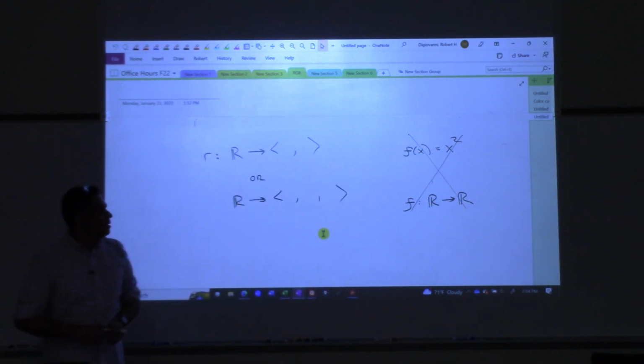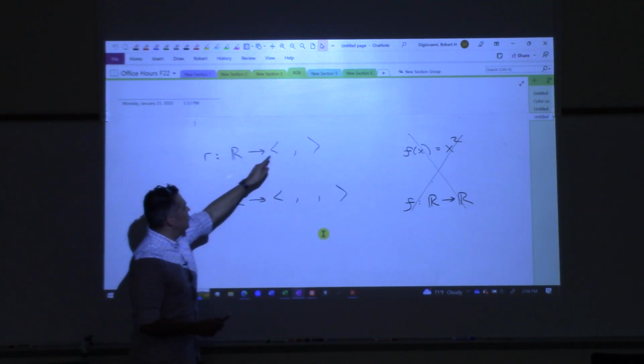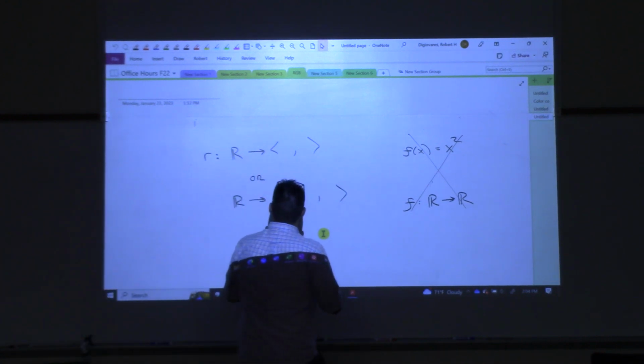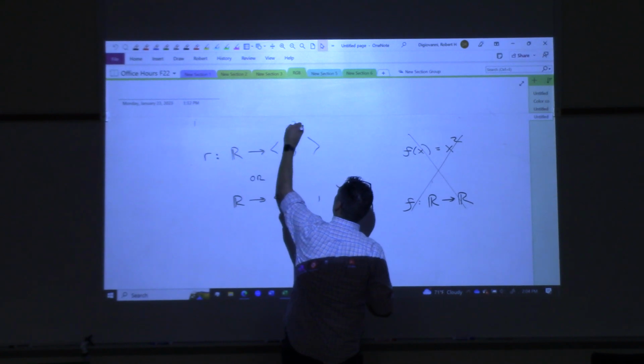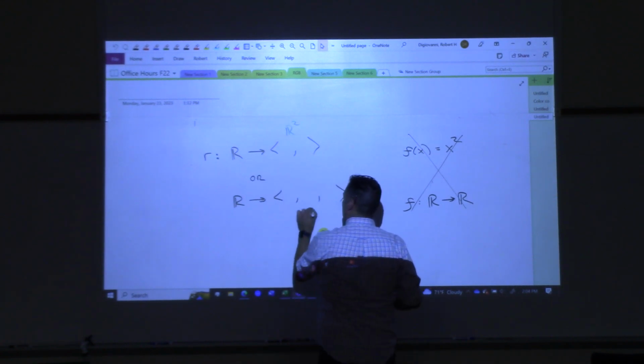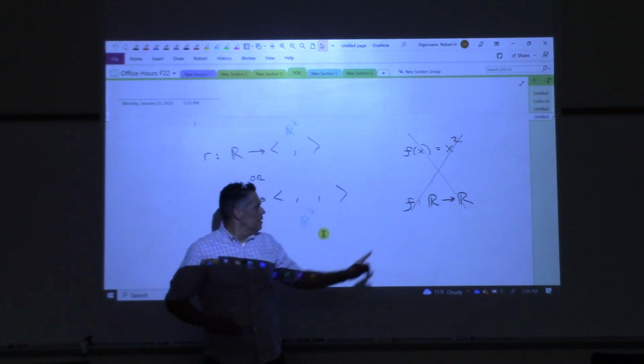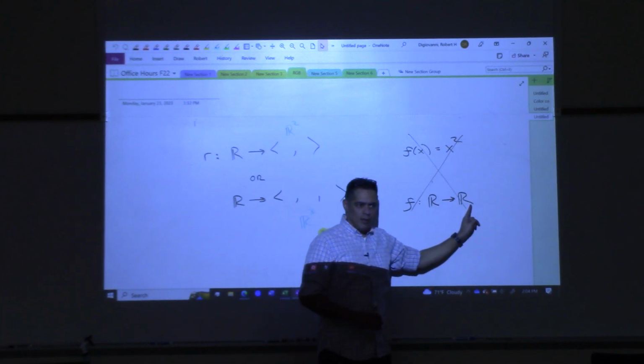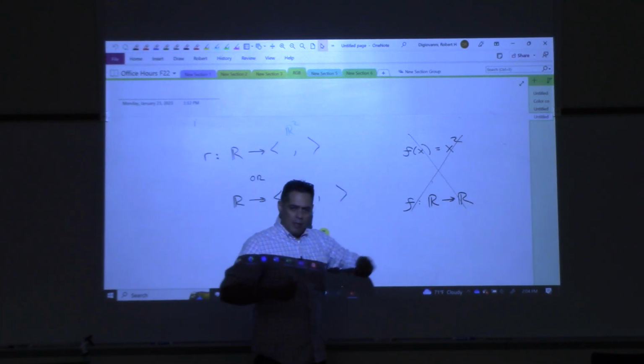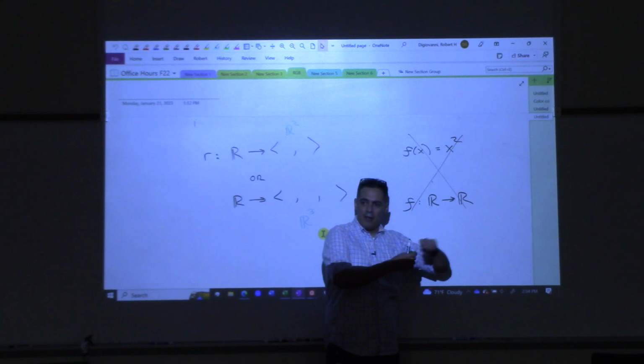So it goes from R to R2 or R3. A number gets sent to a vector, from linear space into linear space.